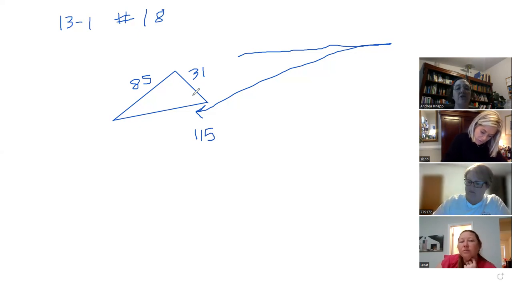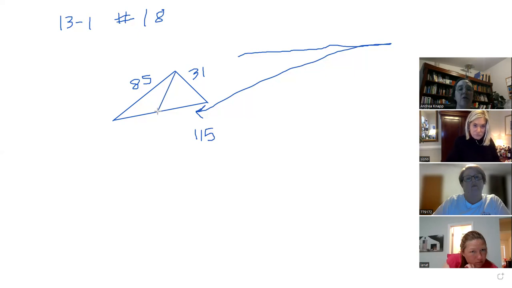Okay, now the other question is then what if you had that side with the 31? What if you swung it the other direction? What's the minimum that that third side could be? We've got to figure out what's the lowest it can be.